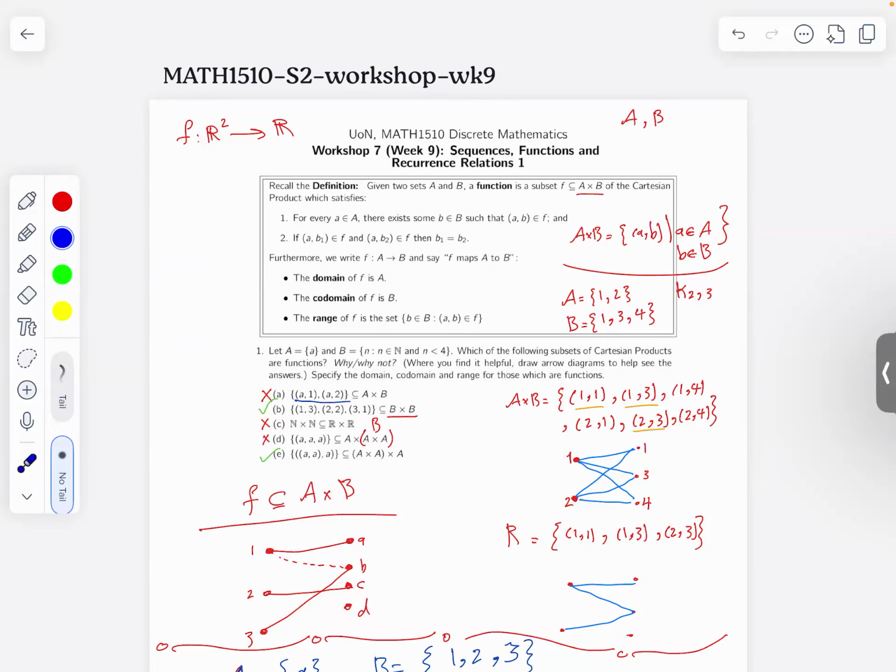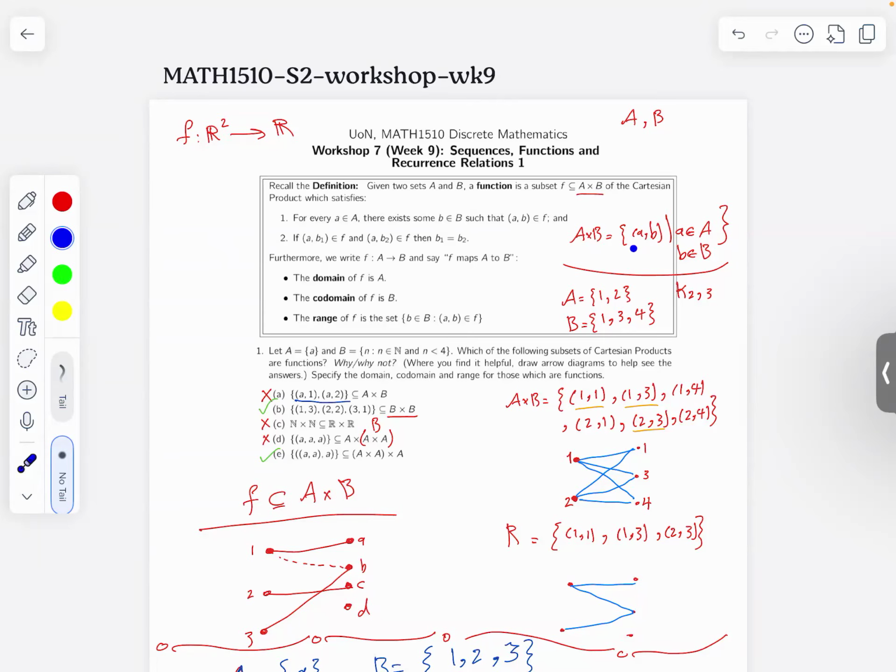If you have any question, please interrupt me and ask your question. So let's assume A times B. This is a Cartesian product.